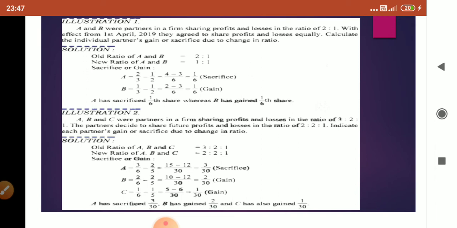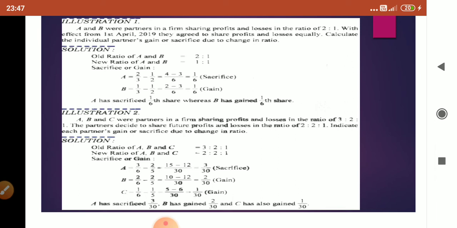A's old share, 1, 2, 3, 4, 5, 6. So A's old share is 3/6. A's new share, 1, 2, 3, 4, 5. A's new share is 2/5. Now you can say, Madam, 3/6 can be reduced to 1/2. Yes, if you want you can reduce it. Or if you want you can keep it as it is. Okay.